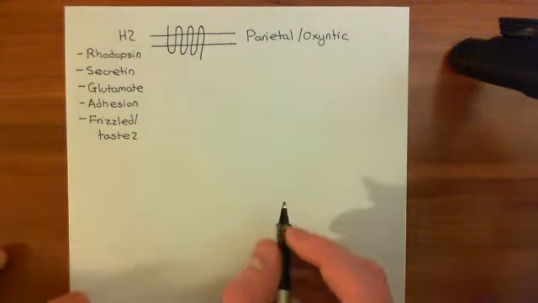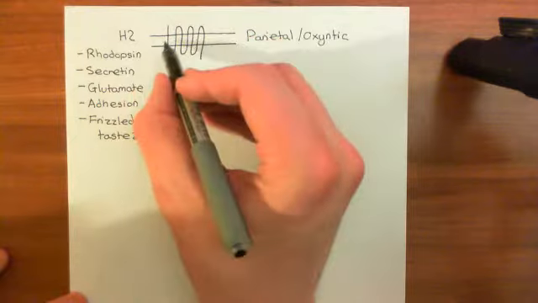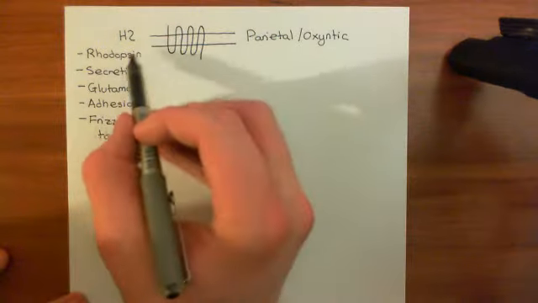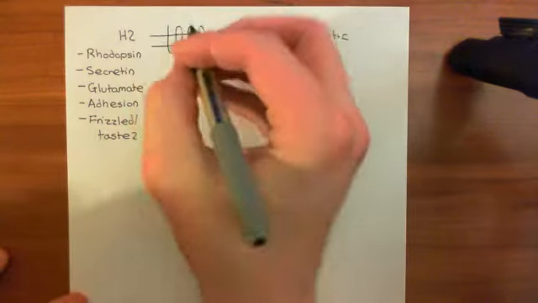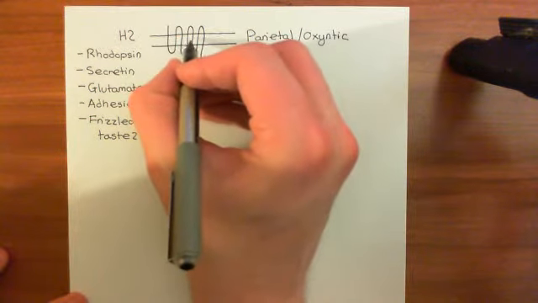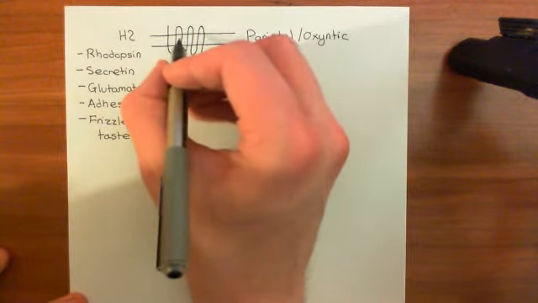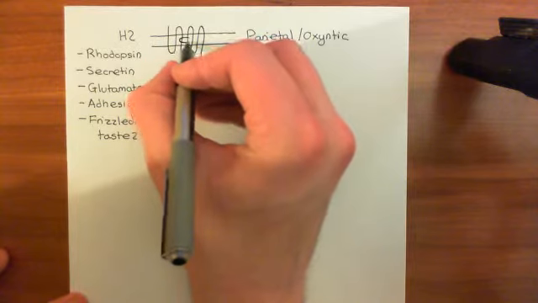Right, okay, so H2 is a G protein coupled receptor, so it has this characteristic 7 transmembrane domain structure, and it's within this rhodopsin family of G protein coupled receptors. Now, what does that actually mean? It means that the ligand binds to the receptor by binding to residues within the transmembrane domains.